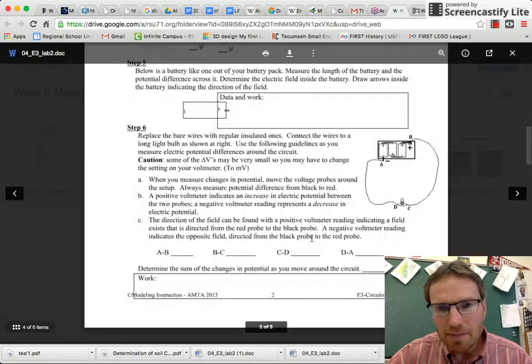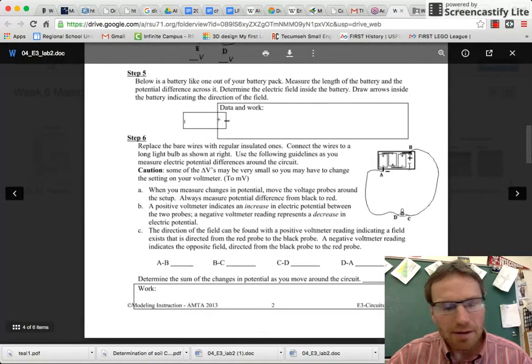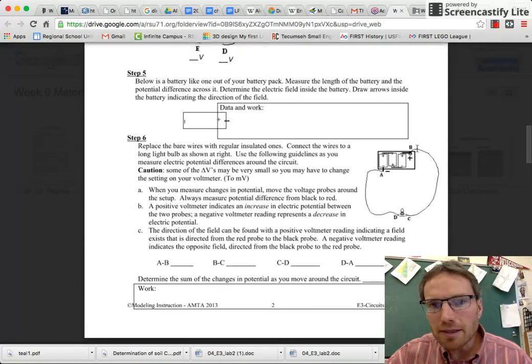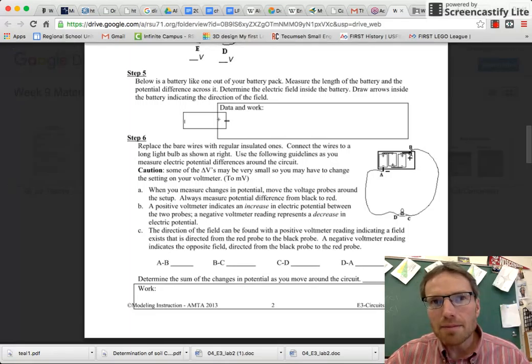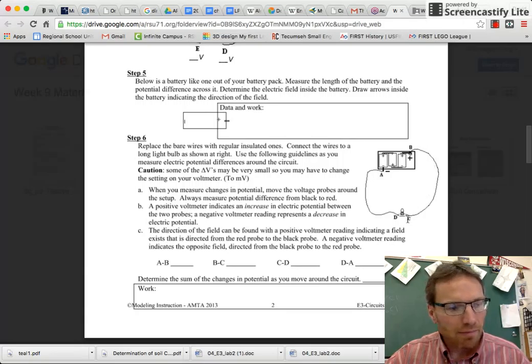Here, the direction of the electric field as tested by the potential differences would be directed from B to C, and then C to D, and then D to A. But then the electric field goes from the more positive terminal B to the less positive terminal A.